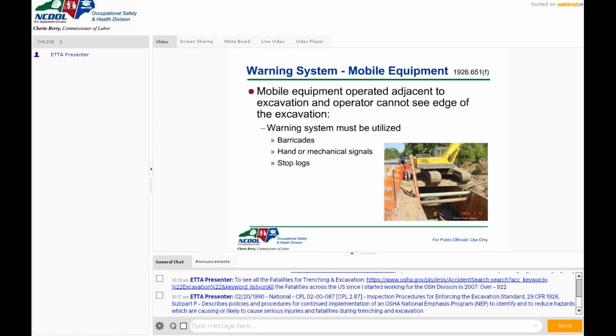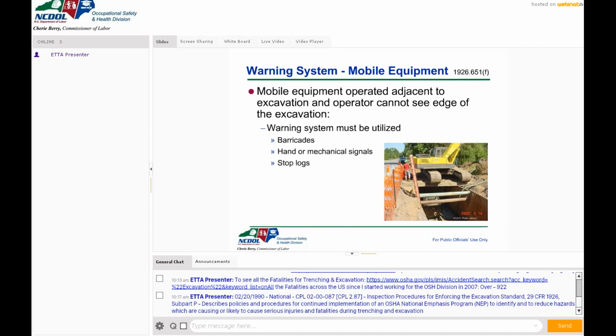All right, early warning signs is basically the same thing we are seeing out there. You got a fence up here, you got a person directing the operations that are going on, or if the equipment is being operated within that area where it can fall into the trench, then it has to be guided in there by some way.